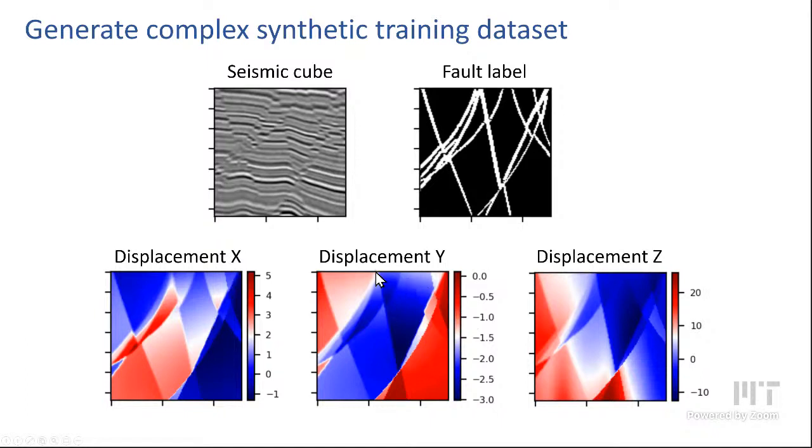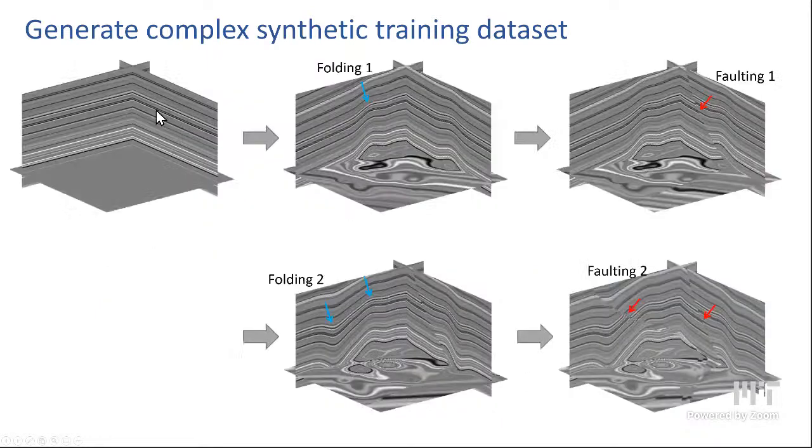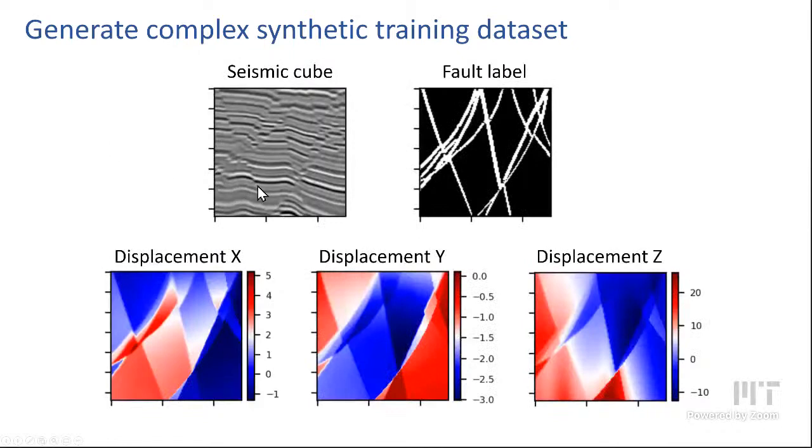So imagine this seismic cube is generated by a number of warping steps or distortion steps, and we started with a layer cake model. Imagine with that model, there is a final cumulative warping field or displacement field. If you apply that displacement field, that would give you the final generated synthetic cube.